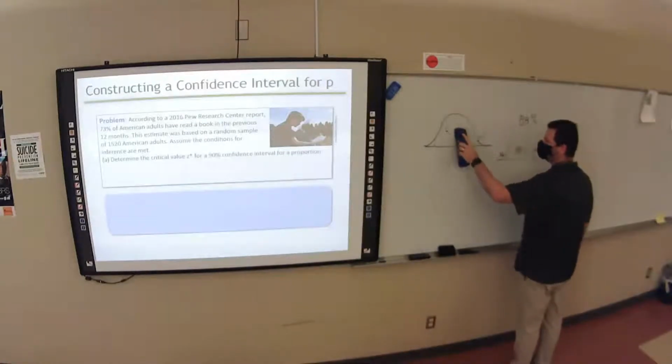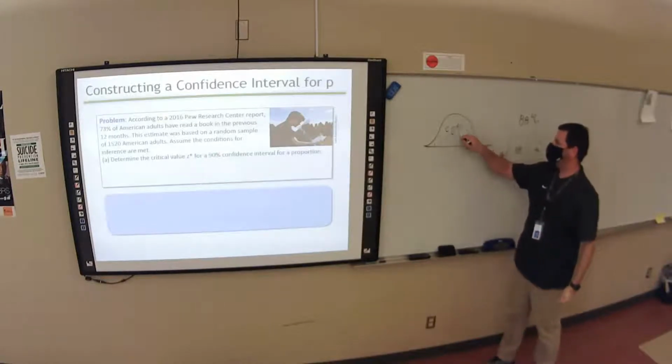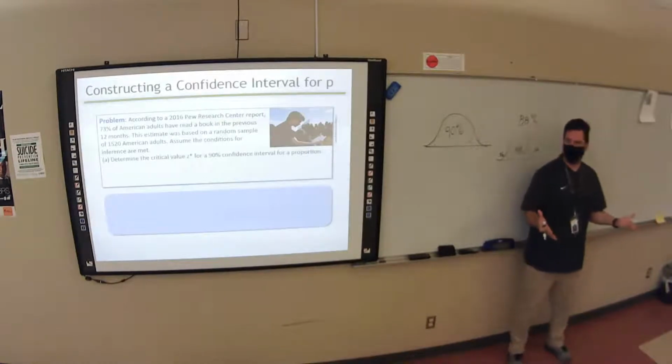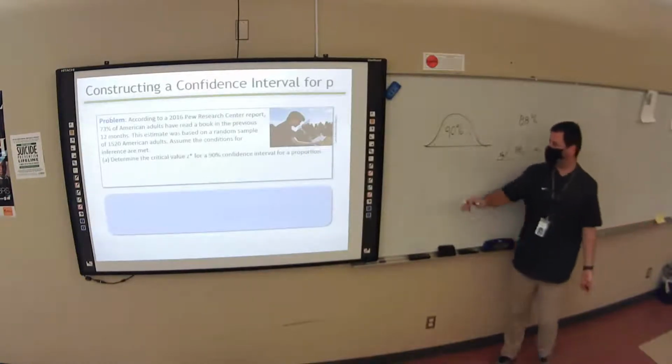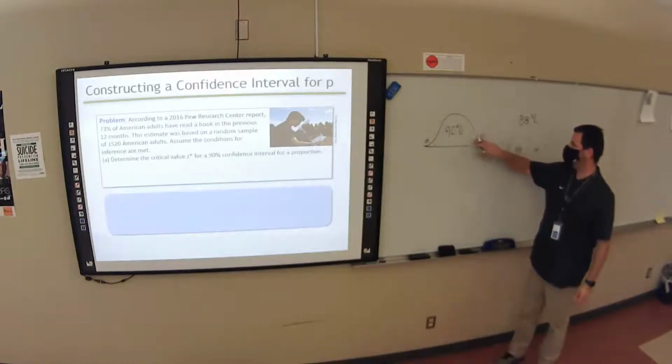So I want a 90% confidence interval. I need the critical value for a 90%. So that leaves 10% left over, 10% on both sides, which means it's 5% on this side and this side.